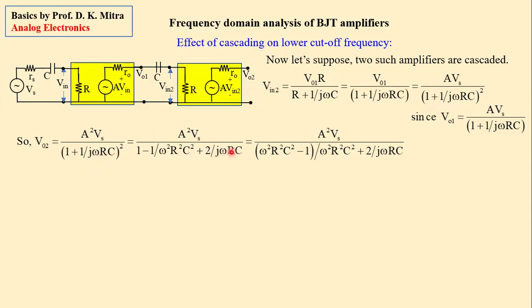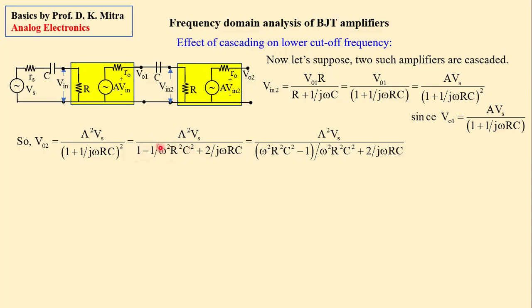We expand this. This is 1, and this becomes 1 minus 1 upon omega square R square C square plus 2 by j omega RC. The real part we take together: 1 minus 1 upon omega square R square C square.